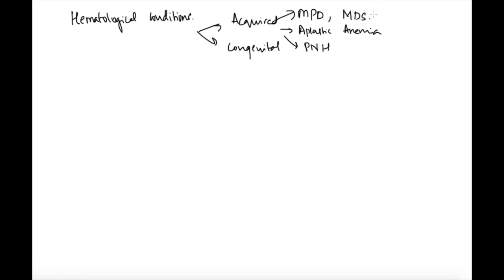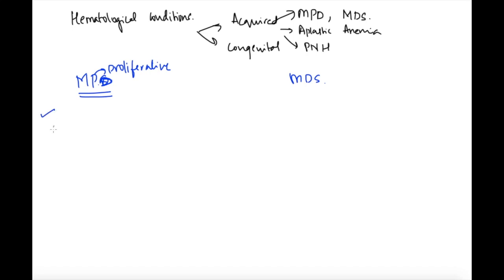Okay, so I shall tell you what is MDS and MPS, because frankly you and I had the similar confusion before I kind of figured it out. So MPS, it is proliferation, right? So this stands for proliferative disorder.